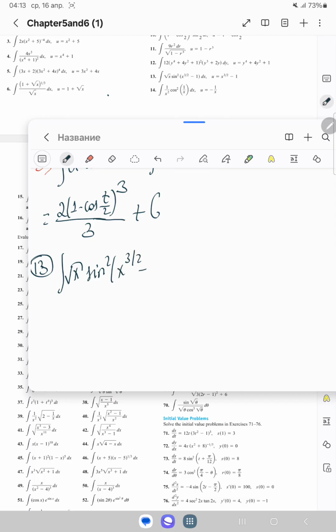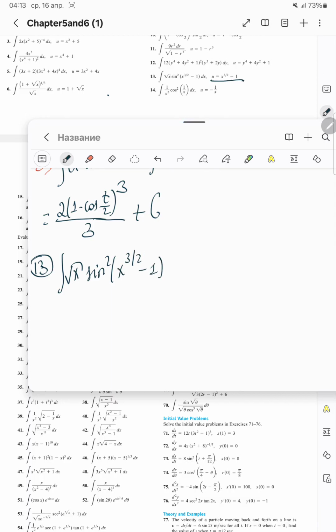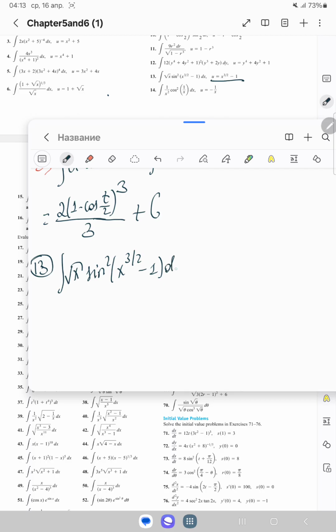This part is easy because they say what u is, but in the exam they probably won't say, and we will also show some examples where they don't indicate what u is, so you should figure it out yourself.